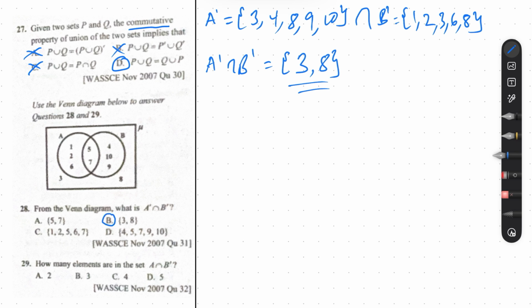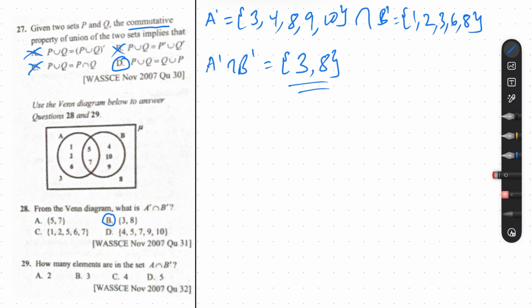Let's go to question number 29. It says, how many elements are in the set A intersection B complement? We already have B complement here, so we just need to find A. A is everything in this circle right here. So that will be 1, 2, 6, 5, 7.